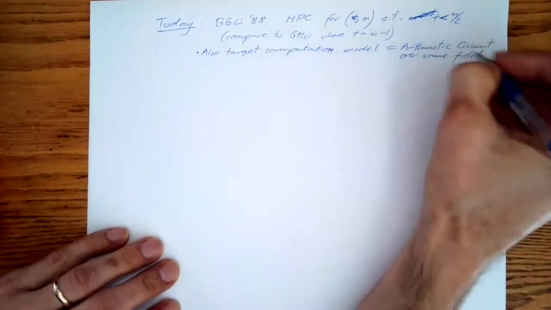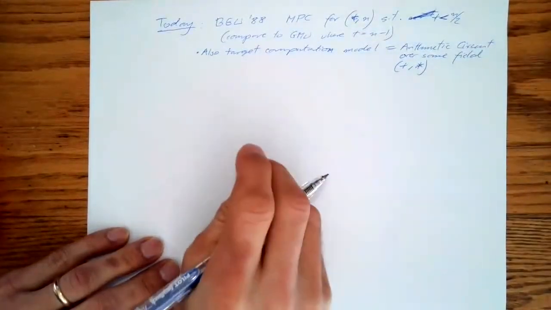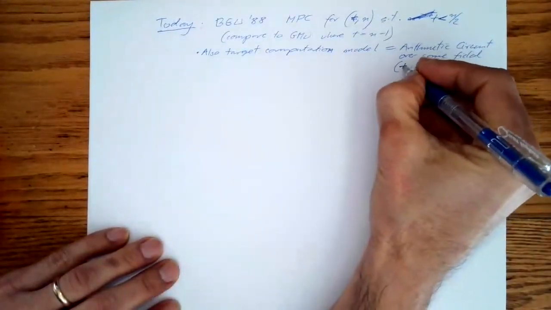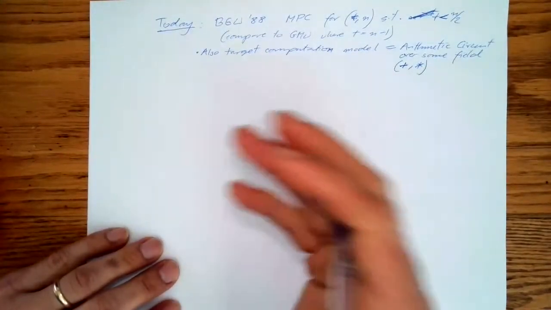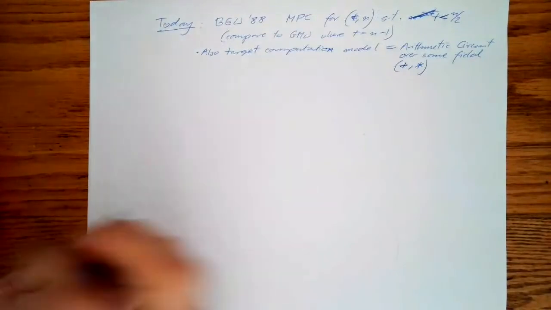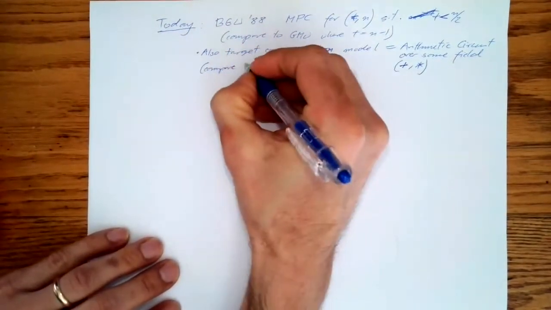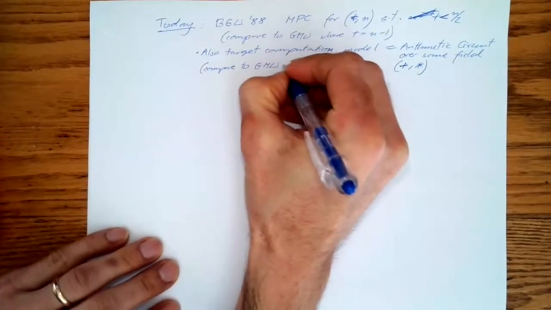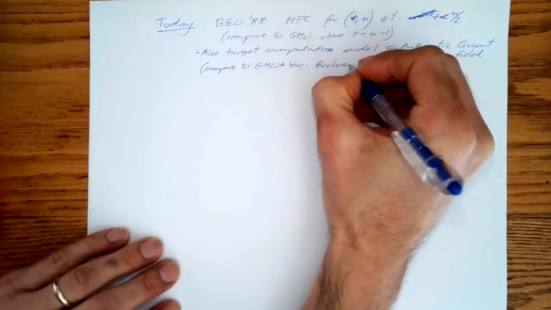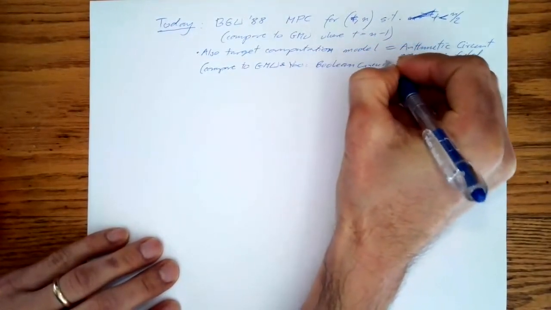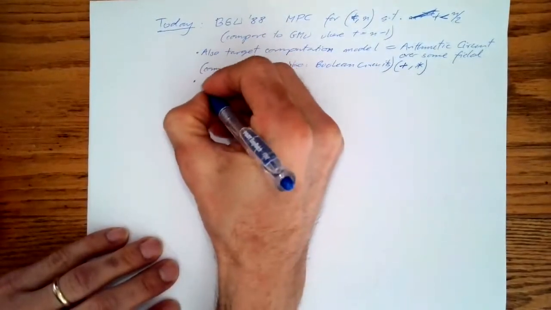So you have operation plus and product in the field, and your gates are either additions or multiplications instead of Boolean gates. In the case of GMW and Yao, we had Boolean circuits.